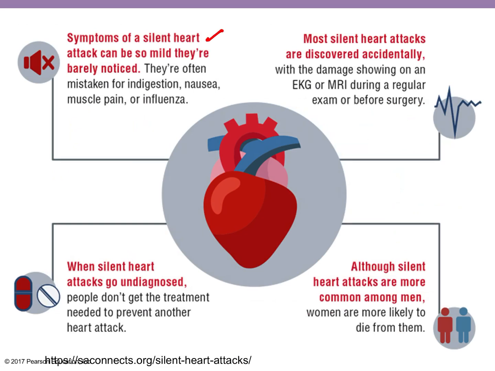Symptoms of a silent heart attack can be so mild they're barely noticed because the autonomic nervous system is not working. Sometimes they're just discovered accidentally, and sometimes people don't even notice it. So it's very, very dangerous. They're more common in men, but women are more likely to die from them.